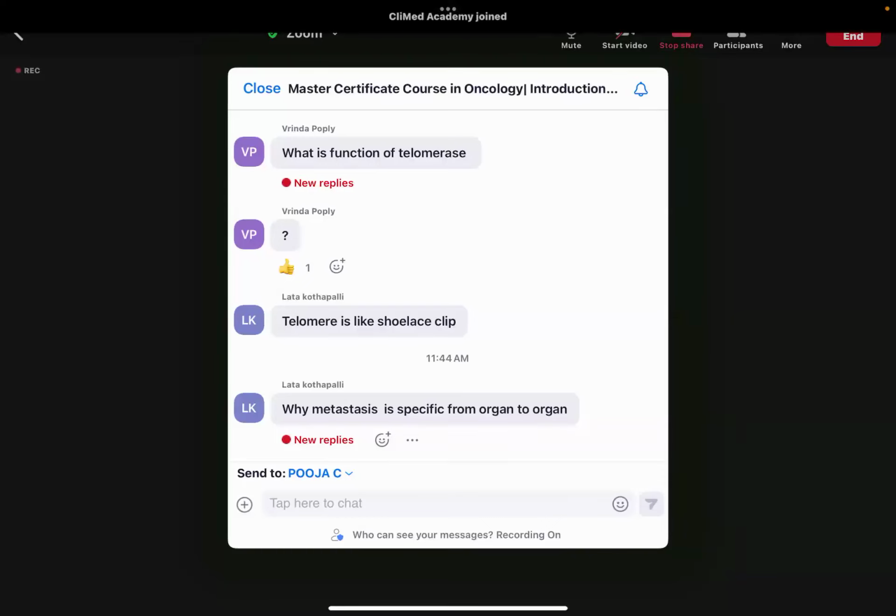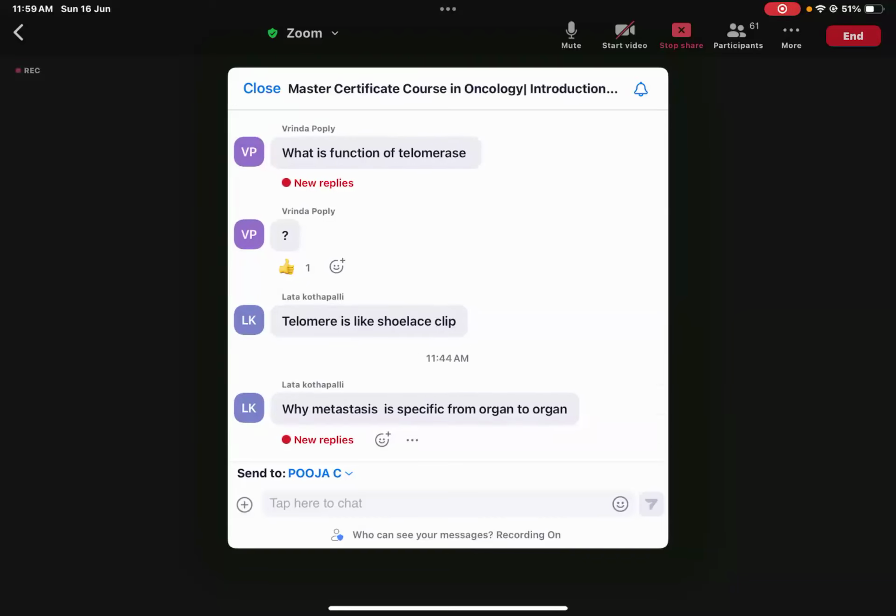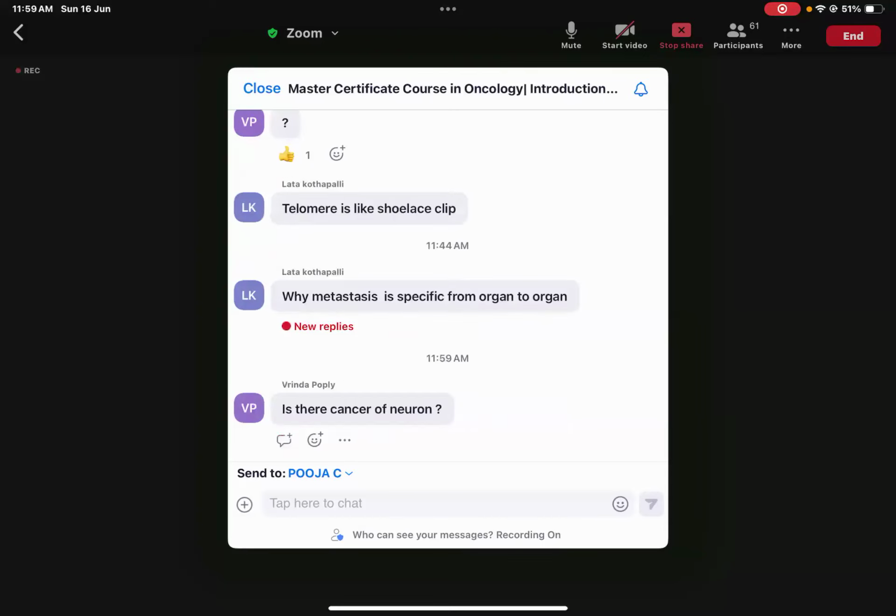It also depends on the lymphatics, how the lymphatic drainage goes. So basically it will affect the nearby organs, and then the later organs, based on the lymphatic system and where it leads to.